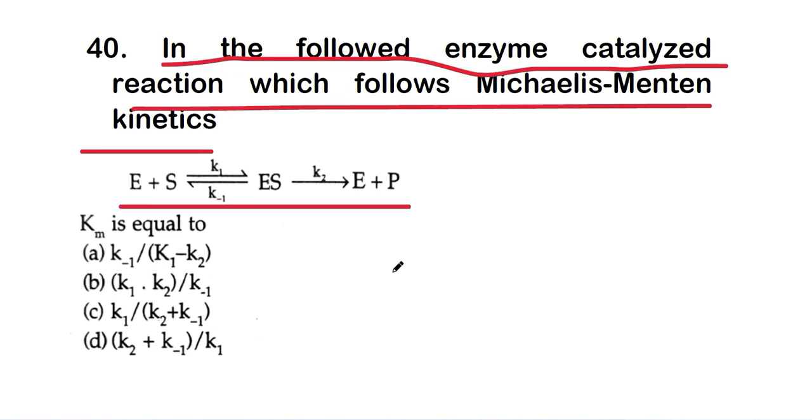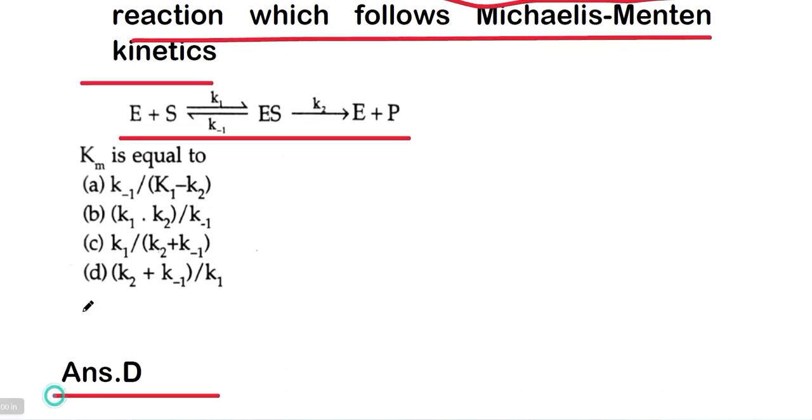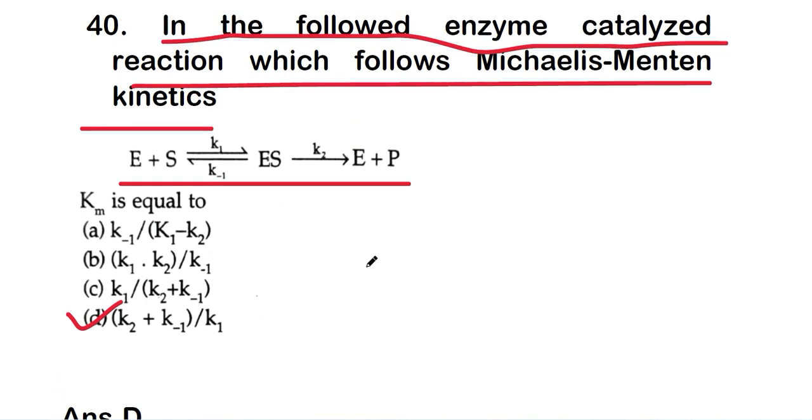So which one follows the Michaelis-Menten kinetics? The right answer is option D, that is K2 plus K minus 1 by K1. So this is the correct equation which follows Michaelis-Menten kinetics.